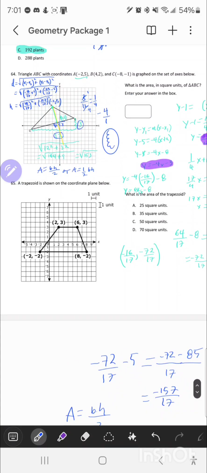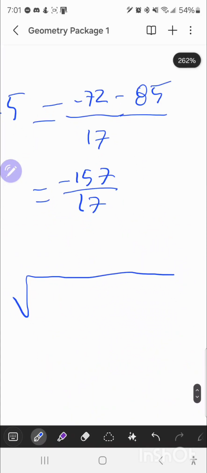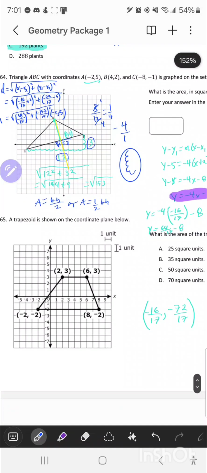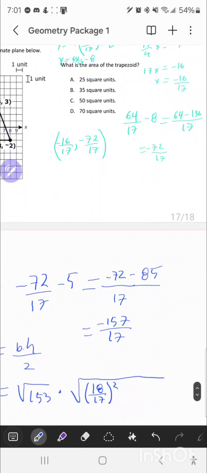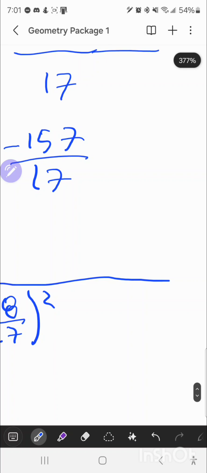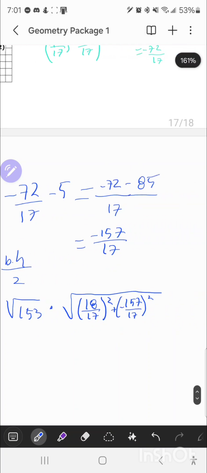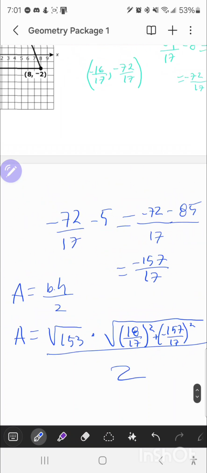It can seem scary, but we have a calculator for something. So 18 over 17 squared plus negative 157 over 17 squared. This plus the square. Now all of this divided by 2.